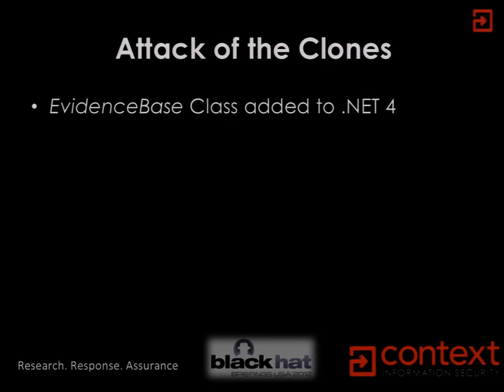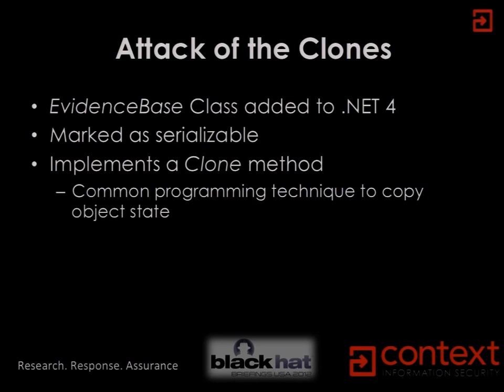And so I found a class which just did that for me. The EvidenceBase class was added in .NET 4 and is used to formalize the mechanism of evidence. I unfortunately don't have the time to actually describe what evidence is, but it's basically used for trust decisions. It's marked as serializable, but it also implements a method to do a deep clone of that object, because it might need to copy these objects around a bit.